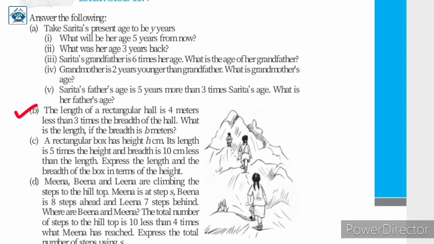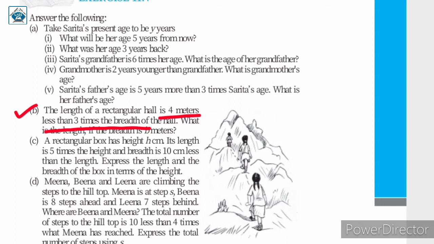B. The length of a rectangular hall is 4 meters less than 3 times the breadth of the hall. What is the length if the breadth is B meters? So in this question, we are given that the length of a rectangular hall is 4 meters less than 3 times the breadth. So 3 times breadth, and breadth is B meters.